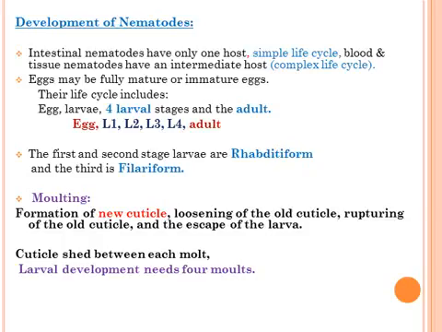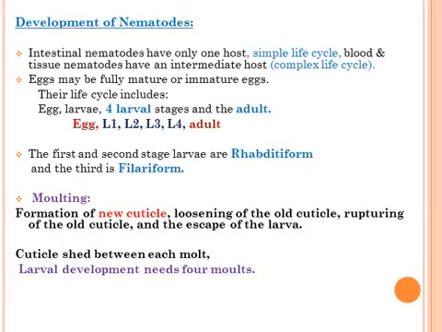In nematodes, the eggs may be fully mature or immature. What is the meaning of fully mature or immature eggs? When the female produces the ova, some of the ova contain the larva. The larva contained inside the ova is called an embryonated ovum, and the others contain only the zygote, so they are immature eggs.